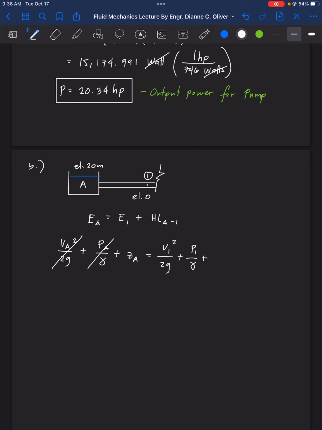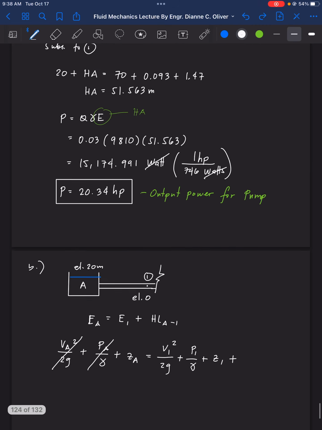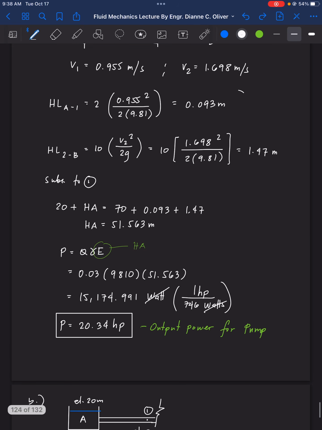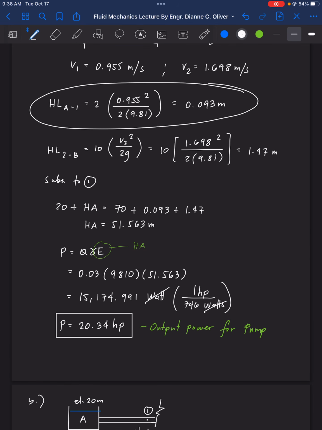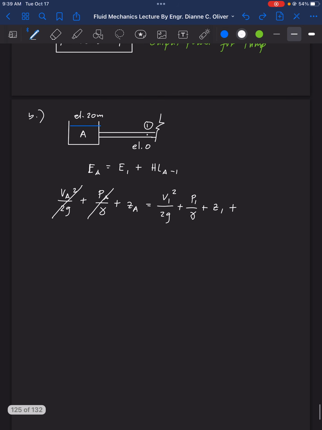And then we have Z1, that will be 0 because the elevation there is 0, plus what's our head loss from A to 1? Head loss from A to 1 is 0.093, given as 0.093. So elevation head is 20 equals the V1.